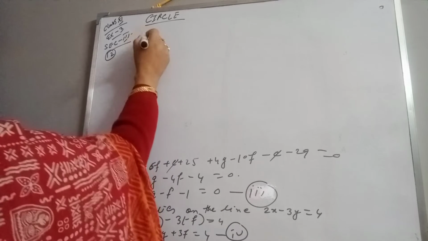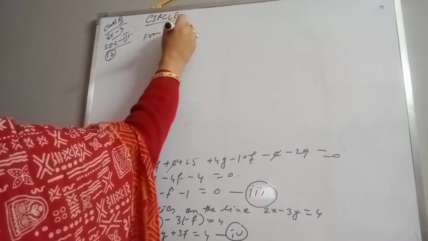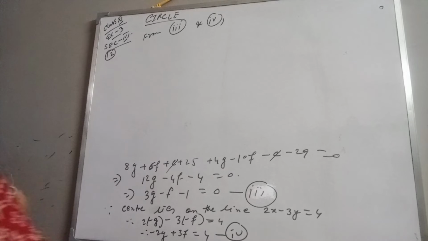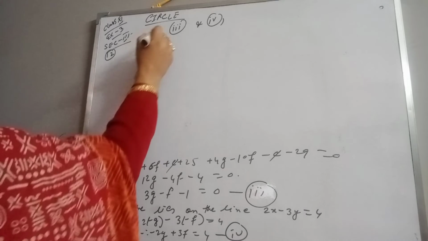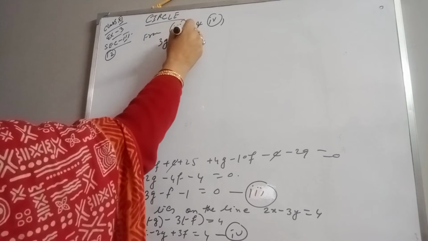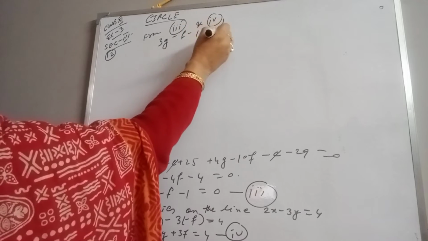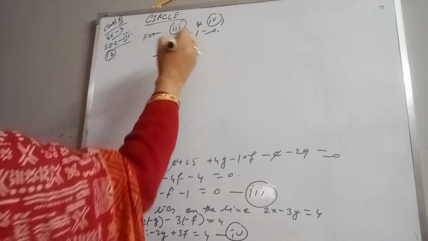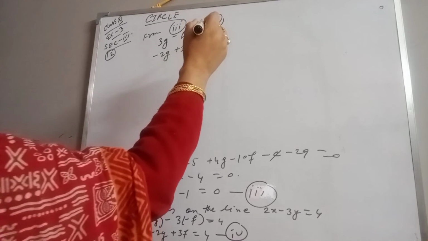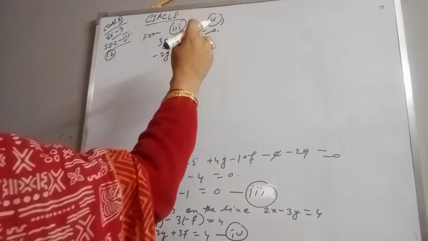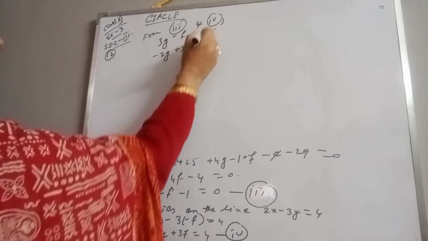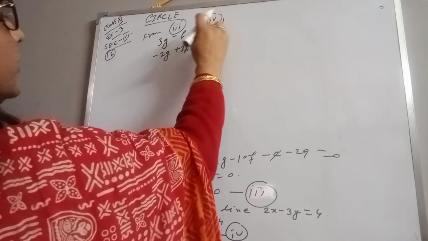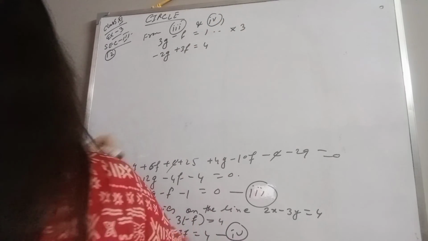Let us solve them. From 3 and 4, what we will get: 3g minus f equals to 1, and minus 2g plus 3f is equal to 4. So let us multiply the first one by 3.